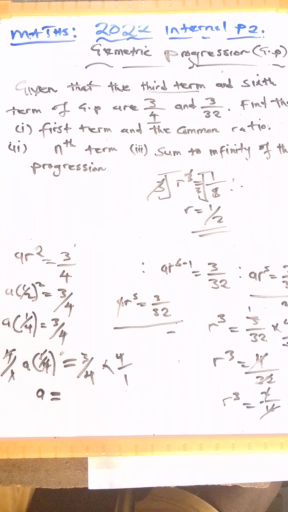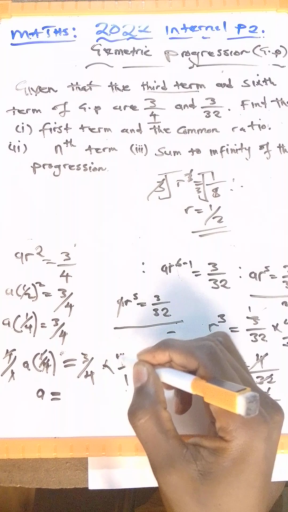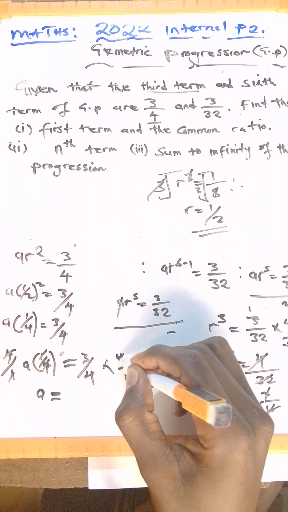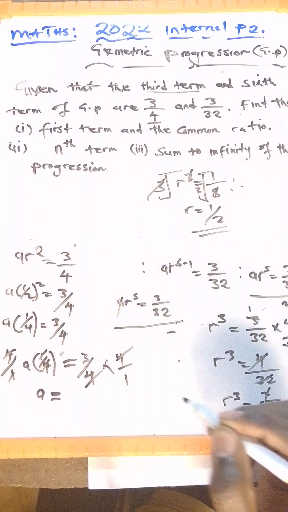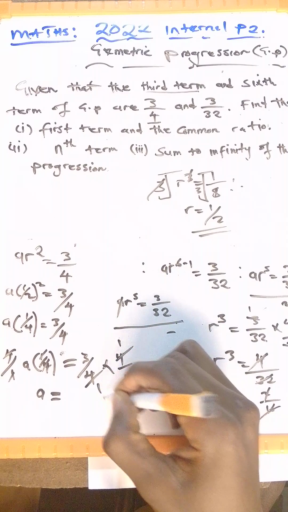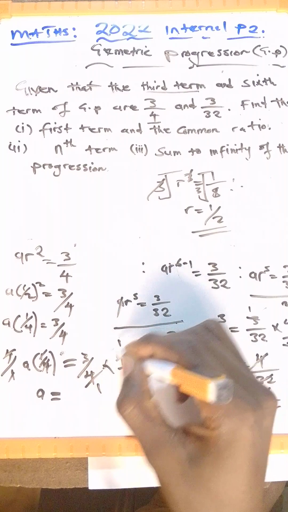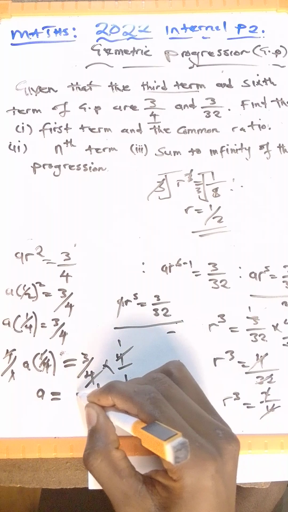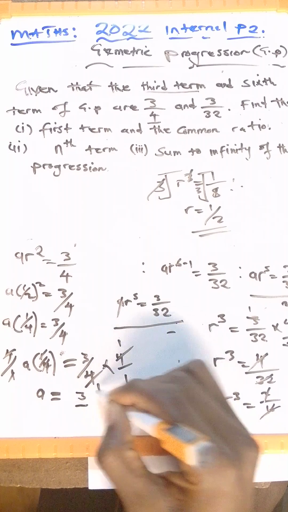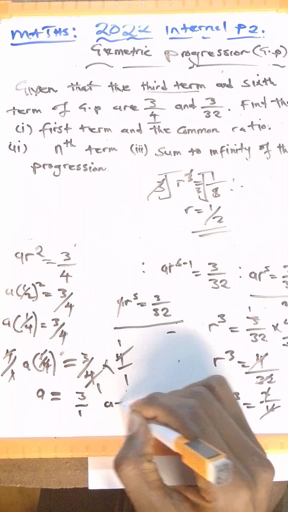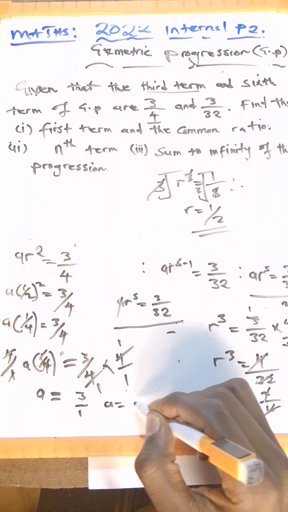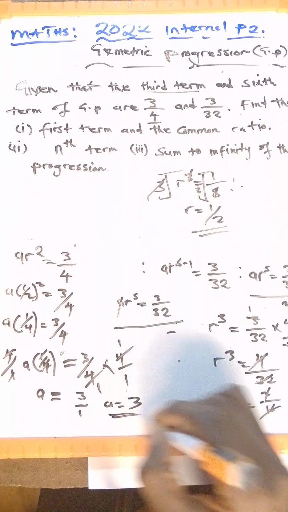So a is equal to, then this 4 and this 4 can cancel. So here will remain with 1, here will remain with 1. 1 by 3, I'll remain with 3 over 1 by 1, it's 1. So a is equal to this into this, I'm going to get a 3.